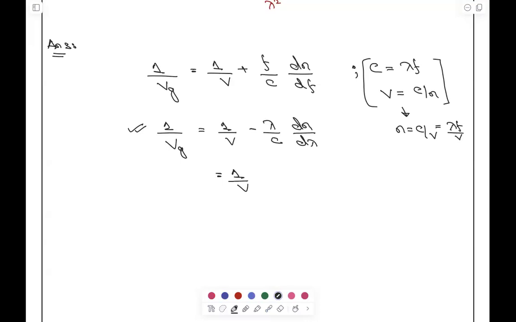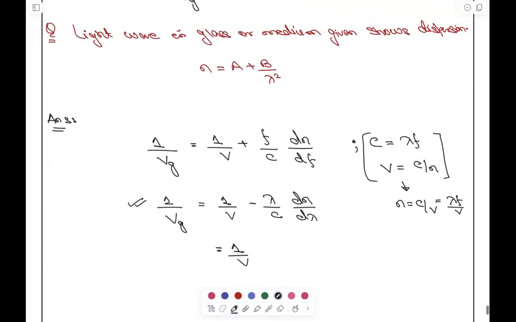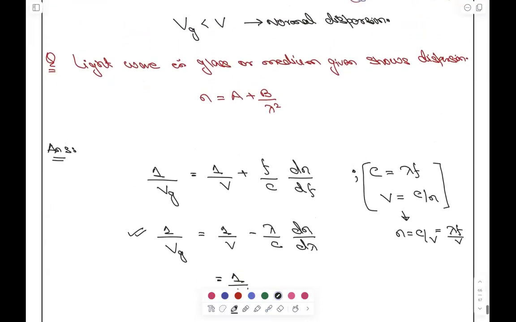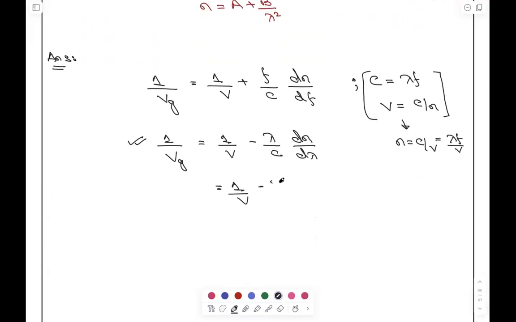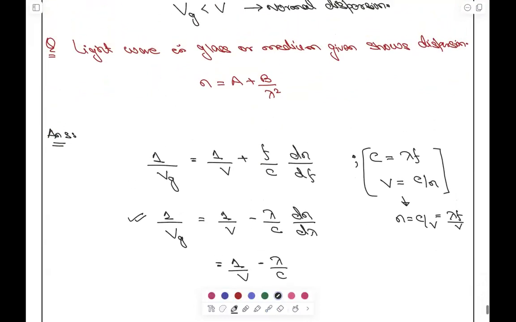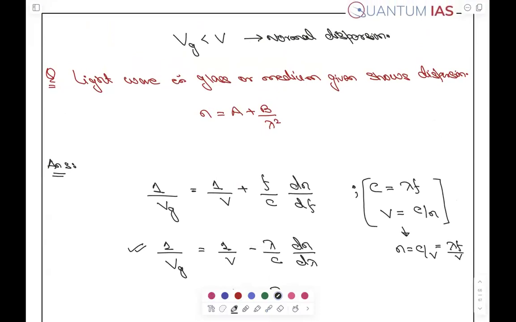ठीक है, put the value lambda by c, ऊपर दे रखा है ना n, तो माइनस lambda by c, what will be dn by d lambda? ये a तो खत्म, b का क्या आएगा?